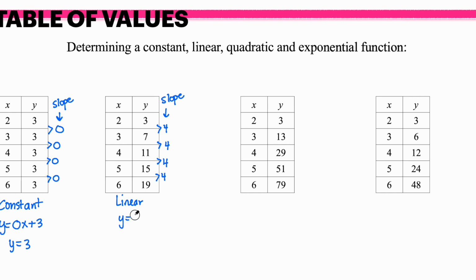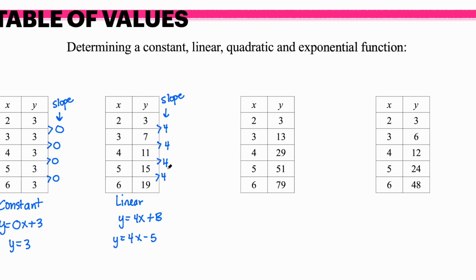It is going to be y equals 4x plus b. And then if you plug 2 and 3 into your x and y values, you'll be able to figure out your b term. So it would be 4x minus 5, because 4 times 2 is 8, and to get from 8 down to 3, we had to subtract 5. So this would be considered a linear function because the first difference is the same number.